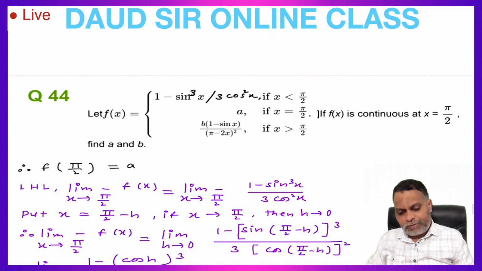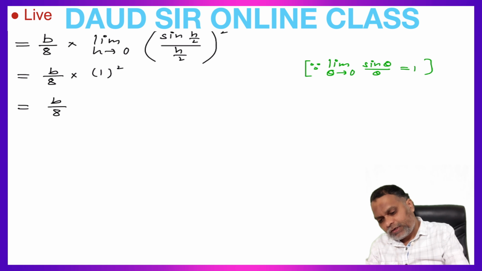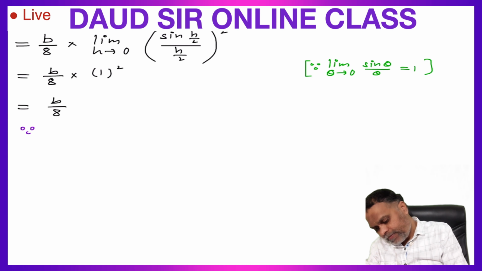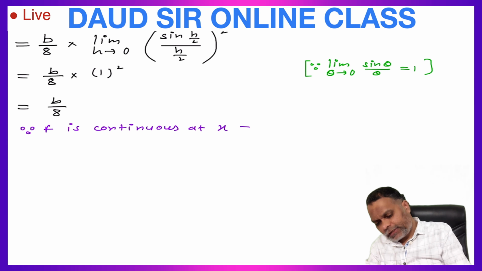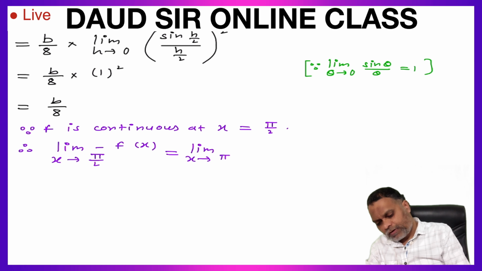Now this function is given continuous at x is equal to pi by 2. Since f is continuous at x is equal to pi by 2, therefore left hand limit is equal to right hand limit is equal to f of pi by 2.